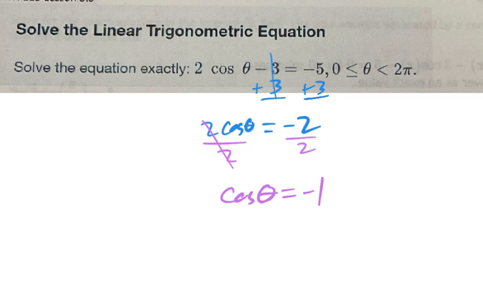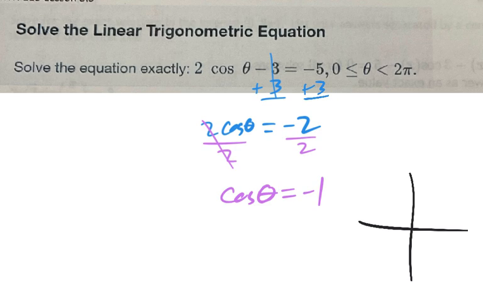If you don't know your unit circle, you're going to have to do the inverse. But I know my unit circle, and I know cosine is a ratio of the adjacent over hypotenuse. That doesn't make sense here because I rotated to an axis. This is one of my special cases. If cosine equals negative 1, cosine is the x value.